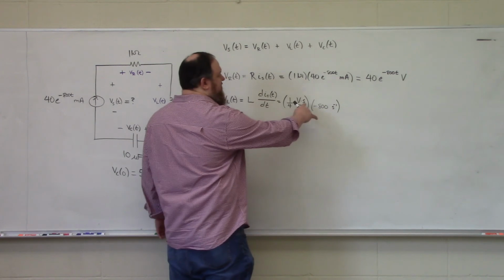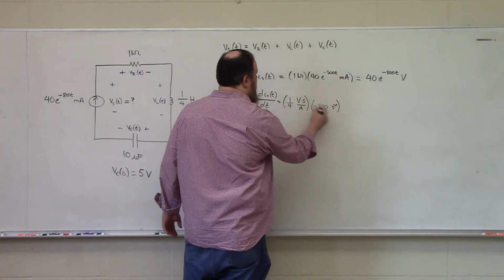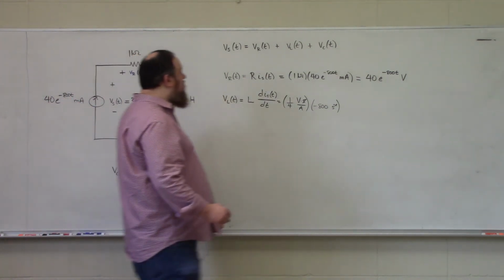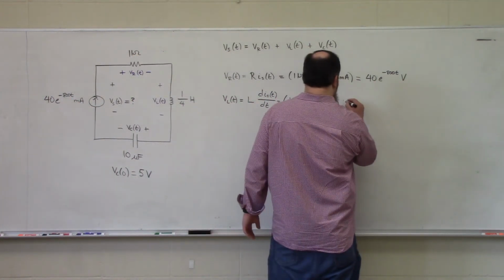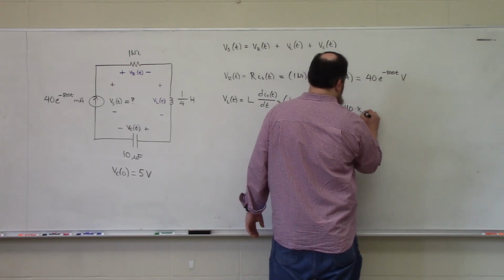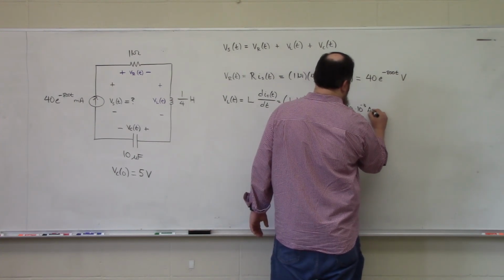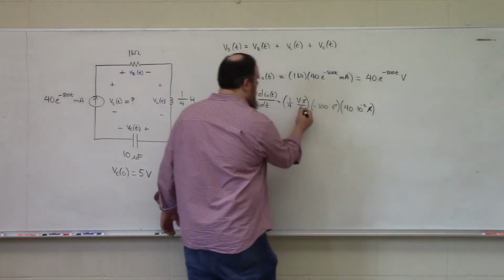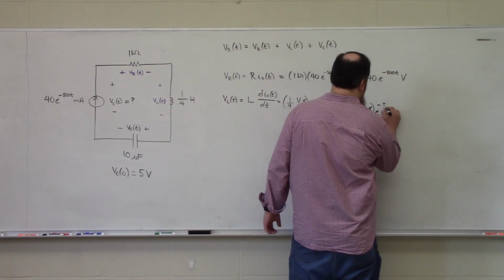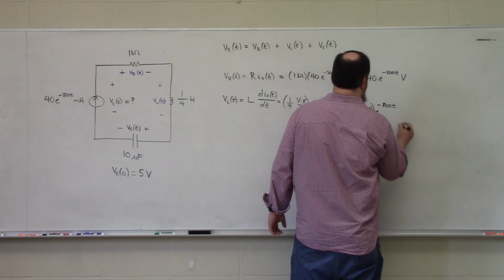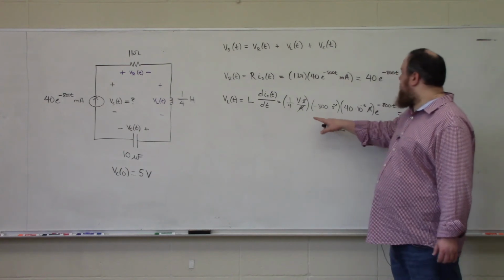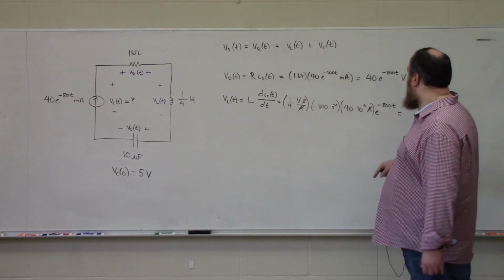And we see that seconds multiplied by per seconds, those guys cancel each other out. Then we're going to have 40 milliamps. So that is 40 times 10 to the minus 3 amperes, where this amp cancels this amp, e to the minus 800 t. And so dimensionally, as far as units go, we're left with volts.